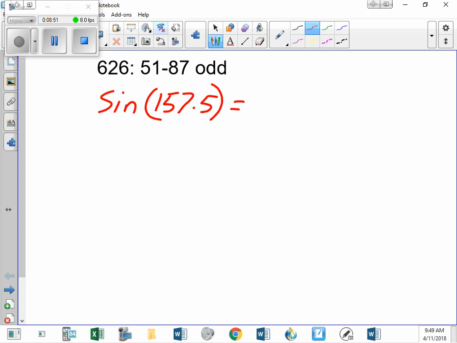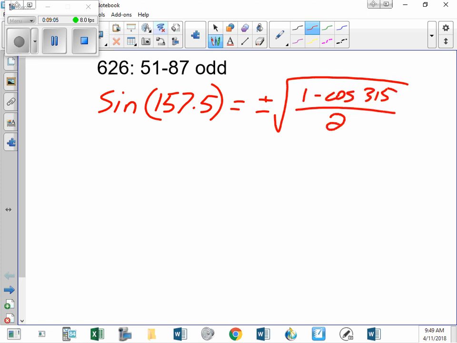Okay, it's half of 315. So this is going to be plus or minus the square root of 1 minus the cosine of 315 over 2.